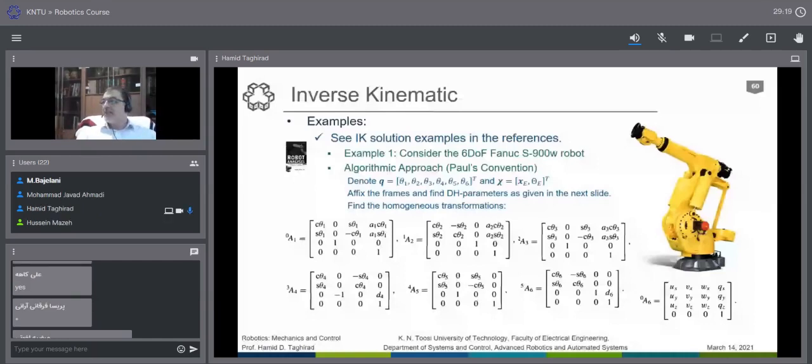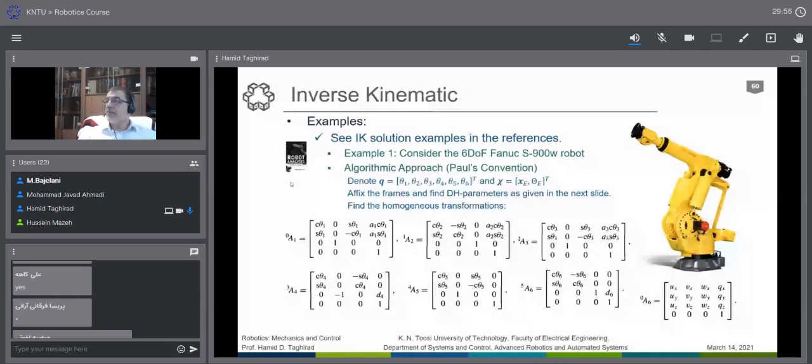Again, as I mentioned, we have a parallelogram structure in the first 3 degrees of freedom, and we have 3 intersecting joints at the wrist. So this is very, very common in many industrial robots, and now we can solve the inverse kinematic problem of that. Of course, we should first work on the forward kinematics, and then go to the inverse kinematics.